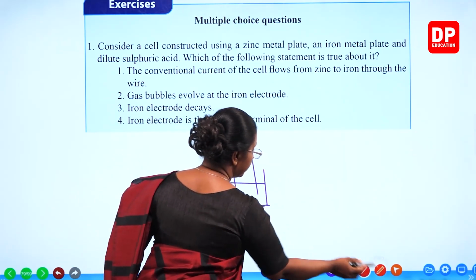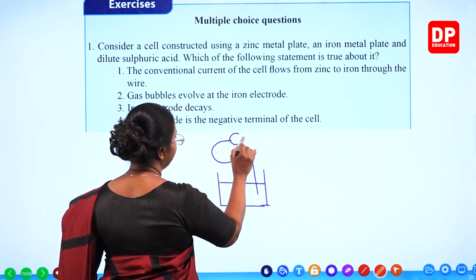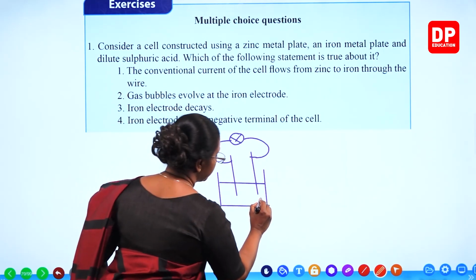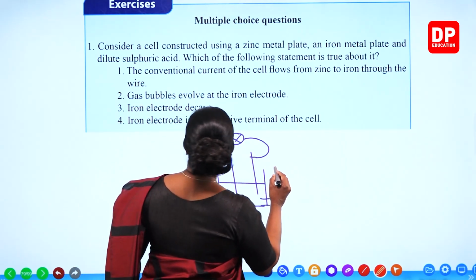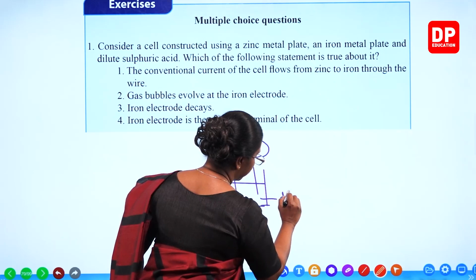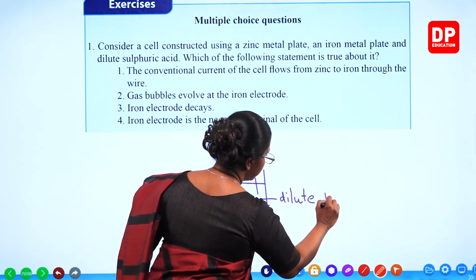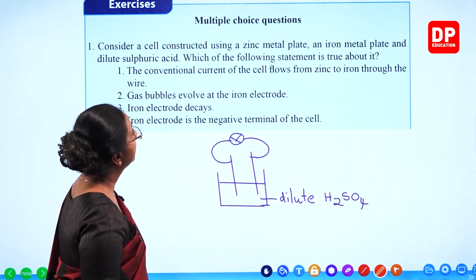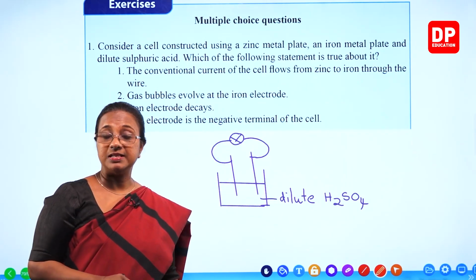So this of course is an electrochemical cell. If you had a bulb or an ammeter, you would see the current flow. So this is dilute H2SO4, and we have both a zinc plate and an iron metal plate.